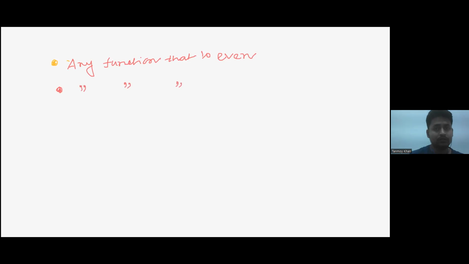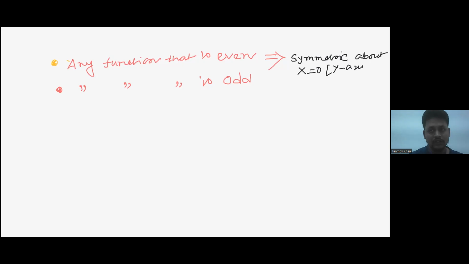Let's write it down in color. Any function that is even will be symmetric about x equals 0, that means the y-axis.